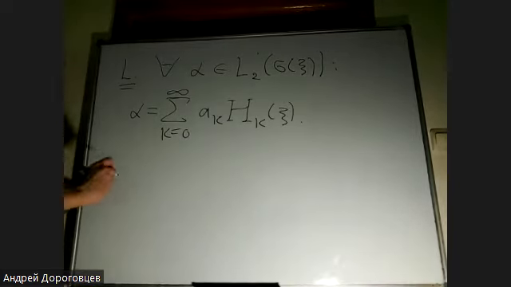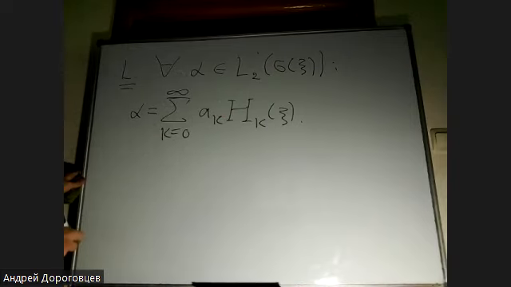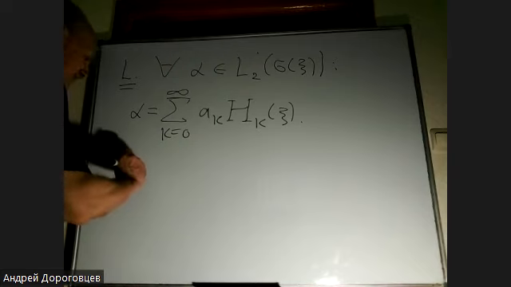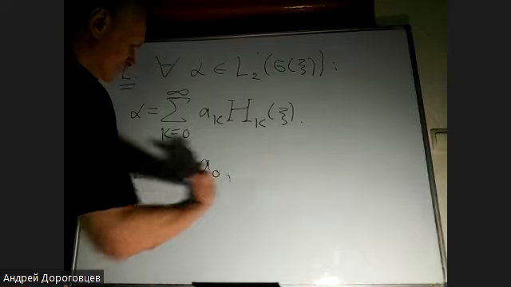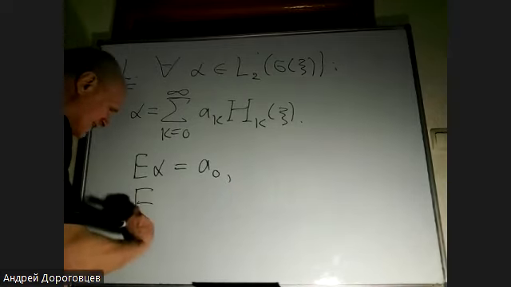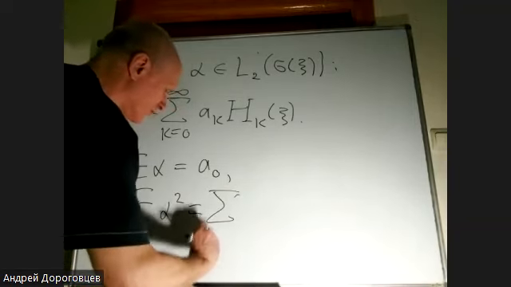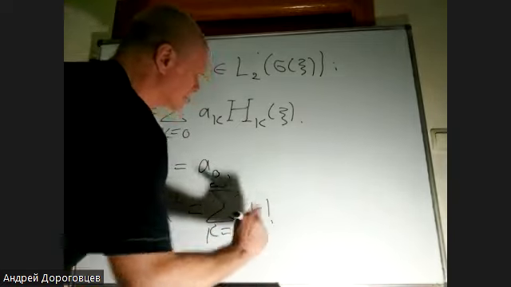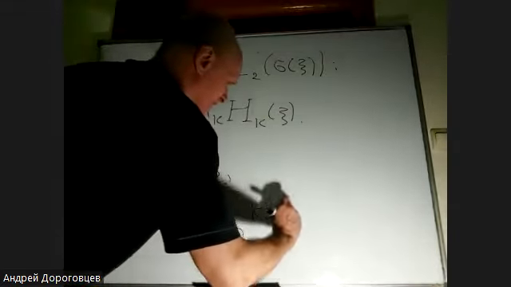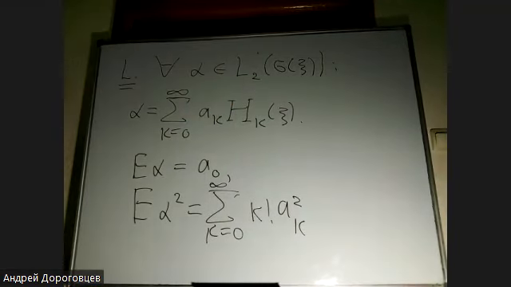Moreover, this series consists of orthogonal summands, and the expectation of alpha is equal to a0. The expectation of alpha squared is equal to the sum from k equals 0 to infinity of k factorial ak squared. So we have such a nice relation.